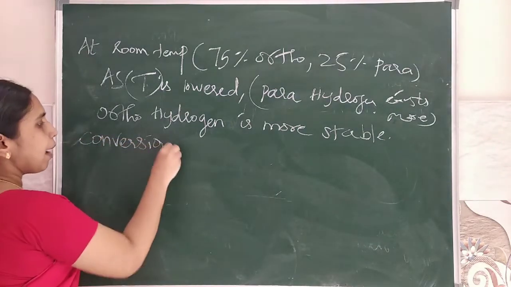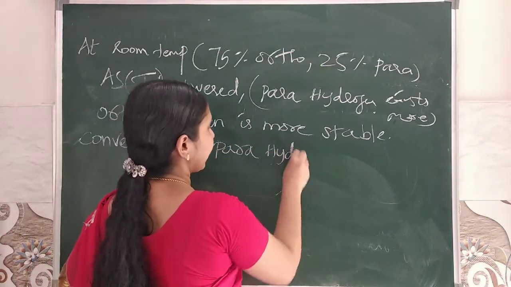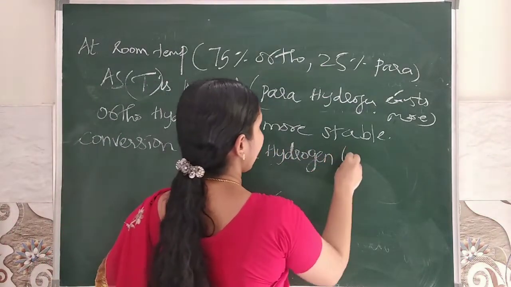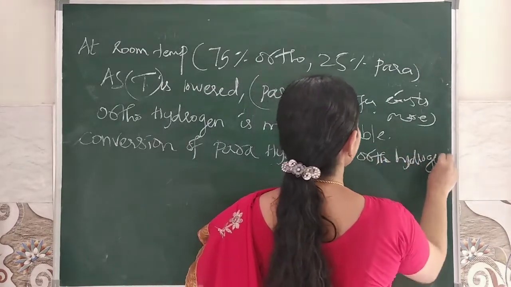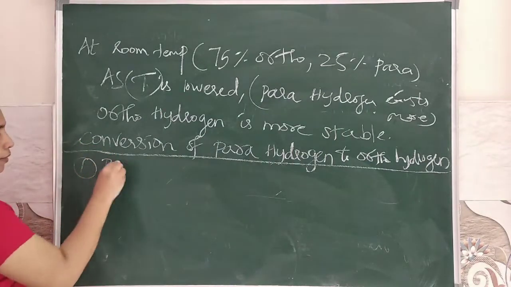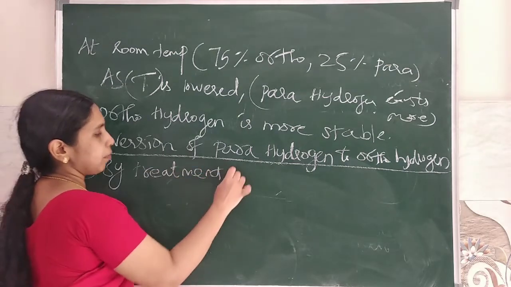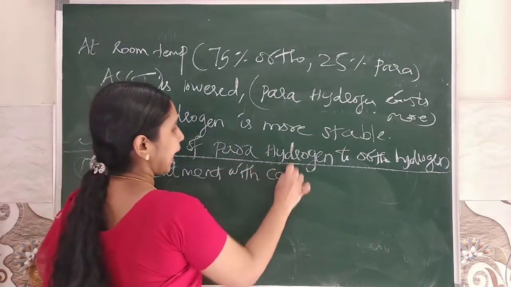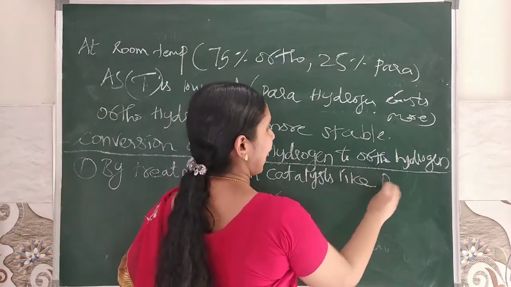Conversion of parahydrogen to orthohydrogen. How? By treatment with a catalyst like platinum.